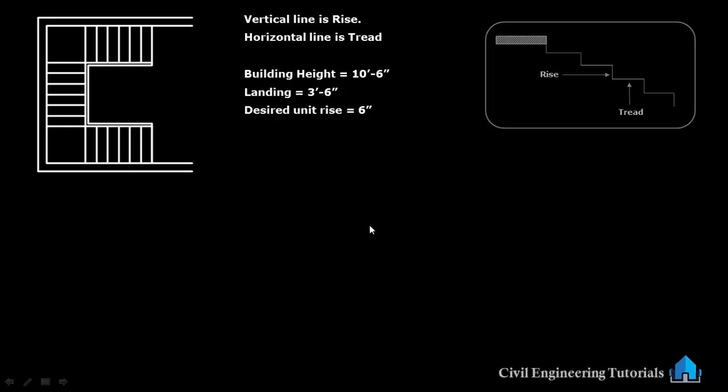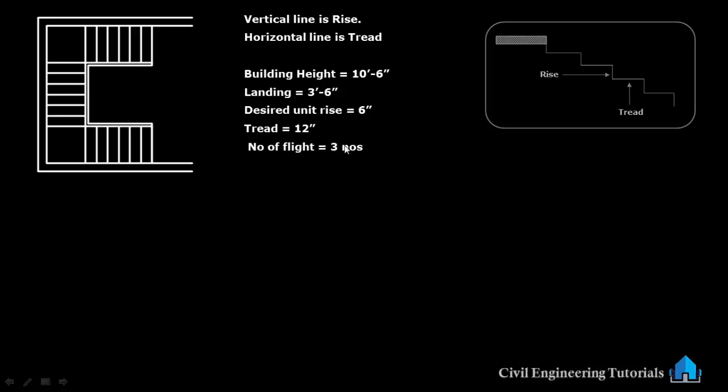In elevation, tread is 12 inch or 1 foot. The space between two white lines is one tread.